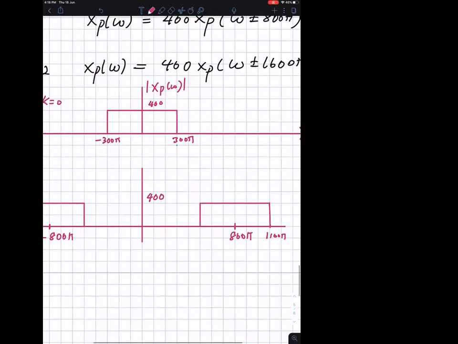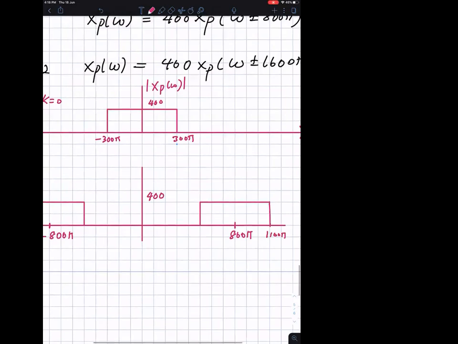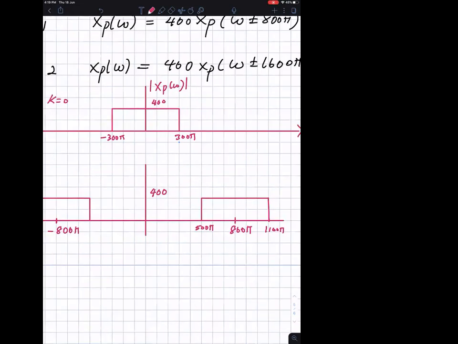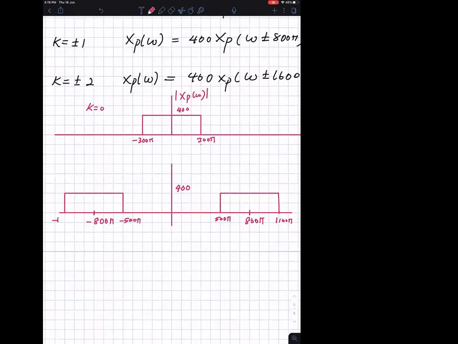So here is going to be 500, plus minus. It's just a carbon copy on the side. It's going to be minus 500 pi, and then minus 1100 pi. So this is when k is equal to plus and minus 1.